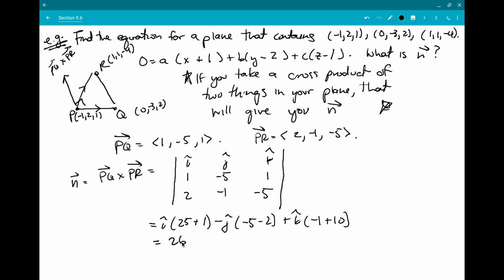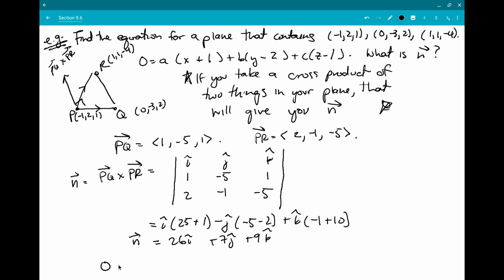So that's going to be 26 i hat plus 7 j hat plus 9 k hat. If that determinant method was unfamiliar to you, go back and watch the review video where I recorded that, or just stick to the formula if that's what's more comfortable for you.